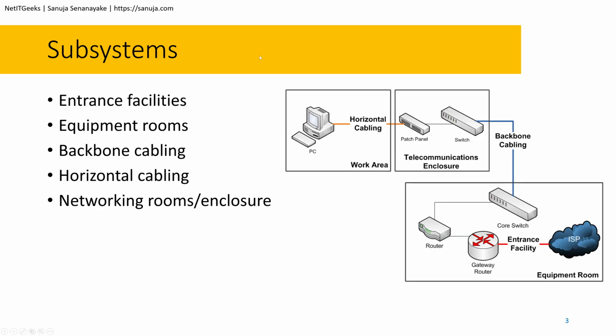So equipment rooms are part of that area. The equipment room can be a part of one single building, or a part of an entire large facility or complex of facilities, such as a university or a small building complex with multiple buildings connecting to each other.